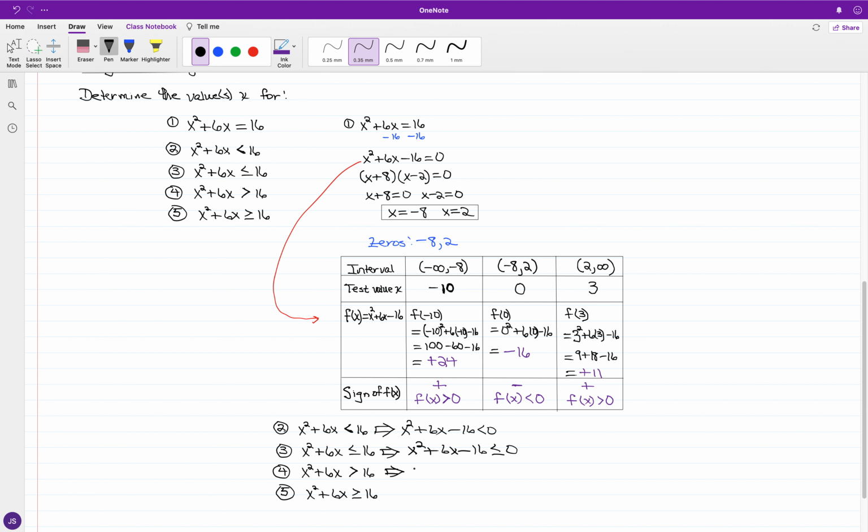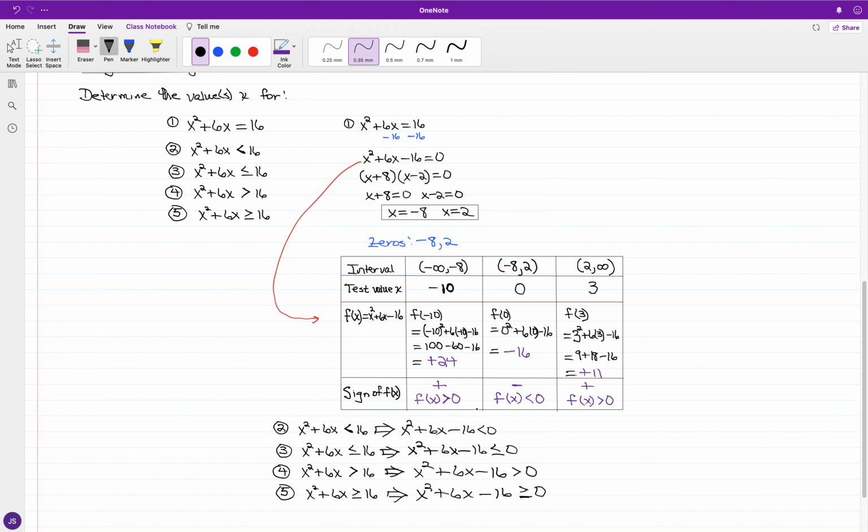And then moving the 16, I would have x squared plus 6x minus 16 is greater than 0. And in the rewrite for the last of these inequalities, I have x squared plus 6x minus 16 is greater than or equal to 0.